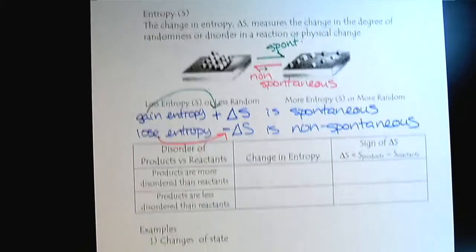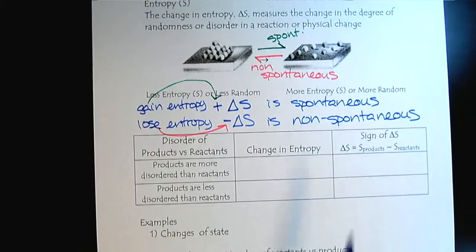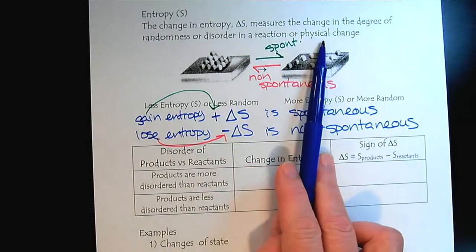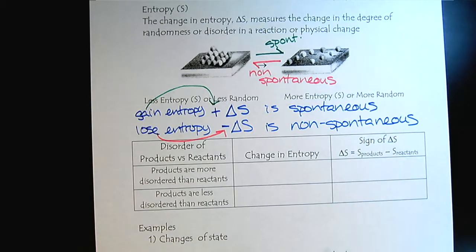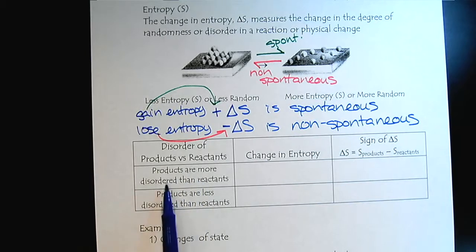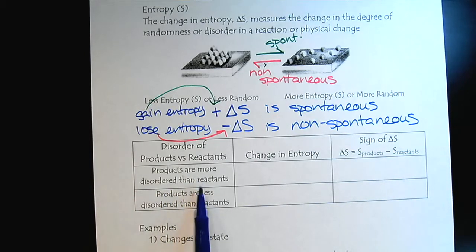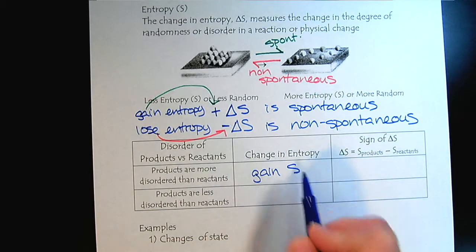Now, notice that this could actually be, in our definition, a reaction or a physical change. So let's think about that for a minute. When products are more disordered than the reactants, then we have gained entropy.